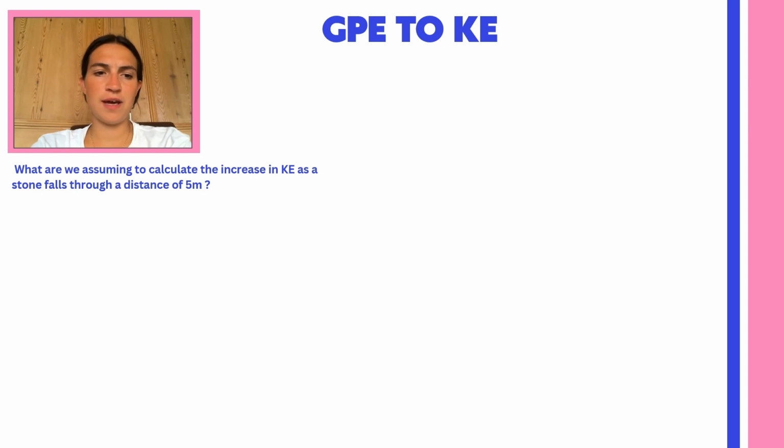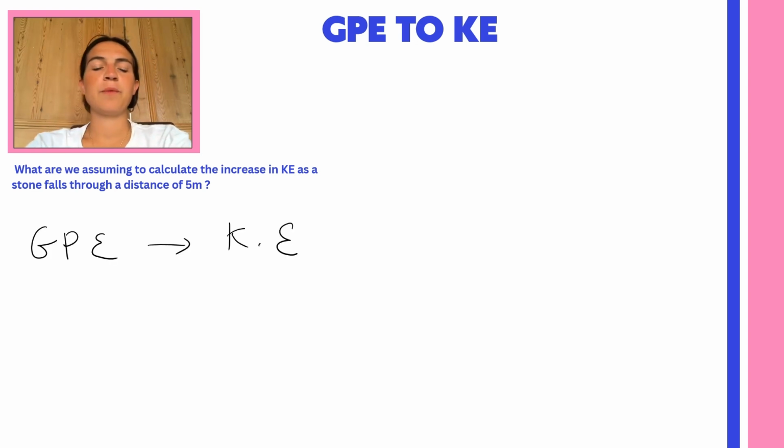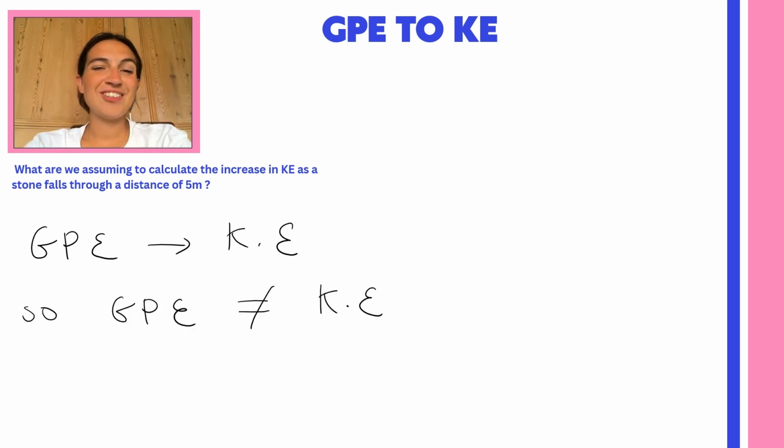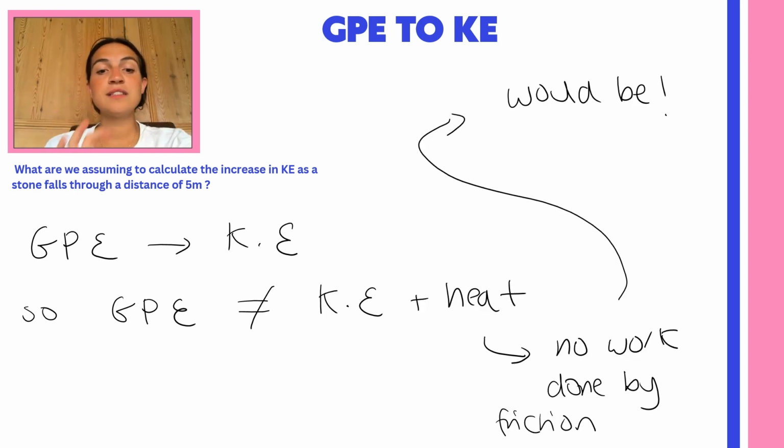Okay, when we are doing a gravitational potential energy into kinetic energy question, we might be asked, what are we assuming in order to calculate the increase in kinetic energy as a stone falls through a distance of 5 meters? So, we are assuming that that gravitational potential energy all gets transferred into kinetic energy. But actually, that's not the case. And why is that? That is because some of the gravitational potential energy would be converted into heat.